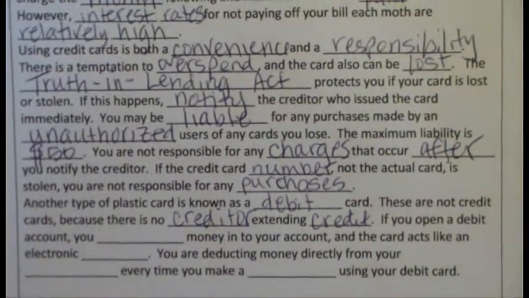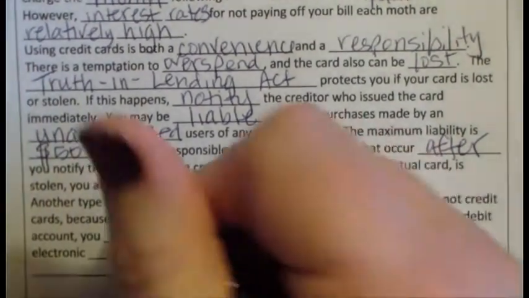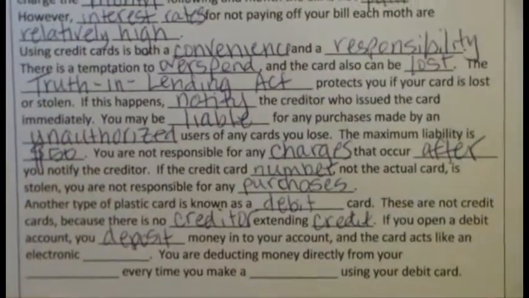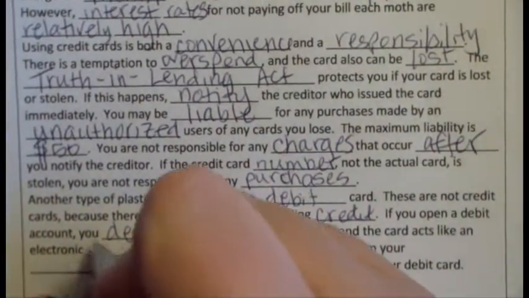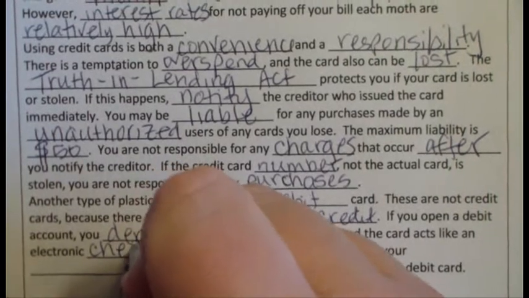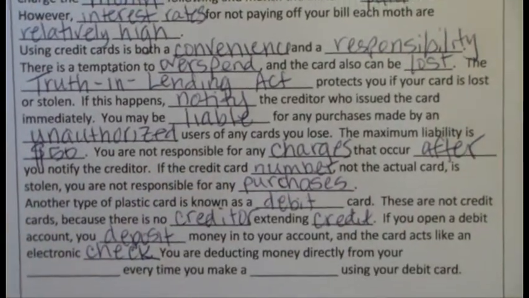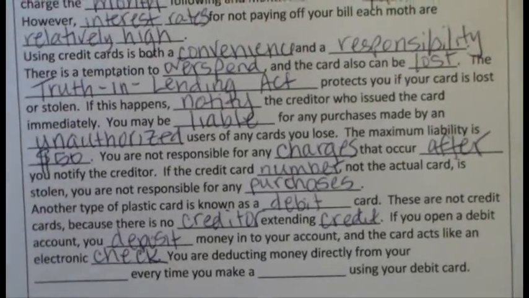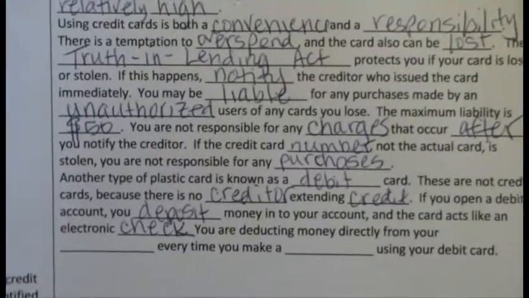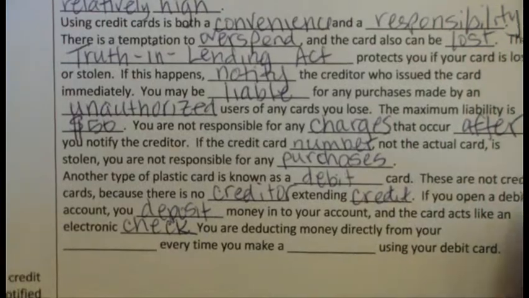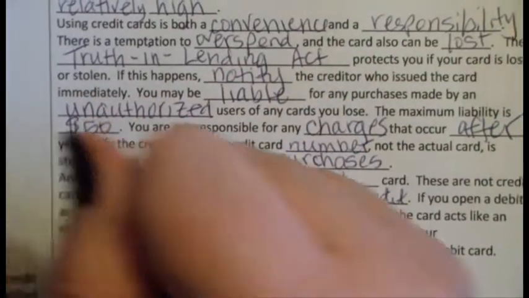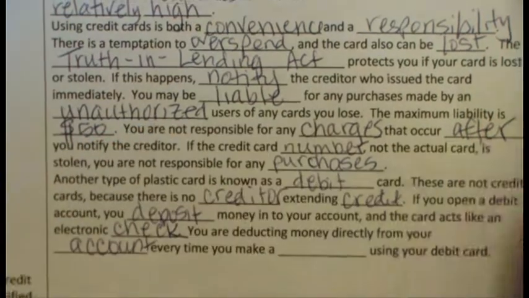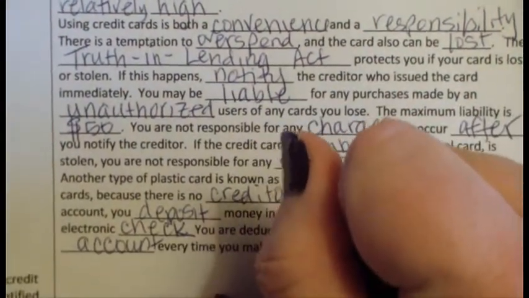If you open a debit account, you deposit money in your account, and the card acts like an electronic check. You are deducting money directly from your account every time you make a purchase using your debit card.